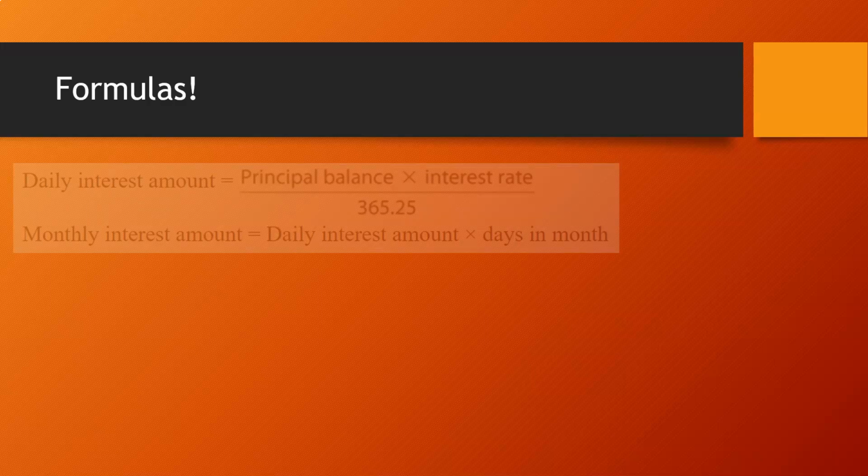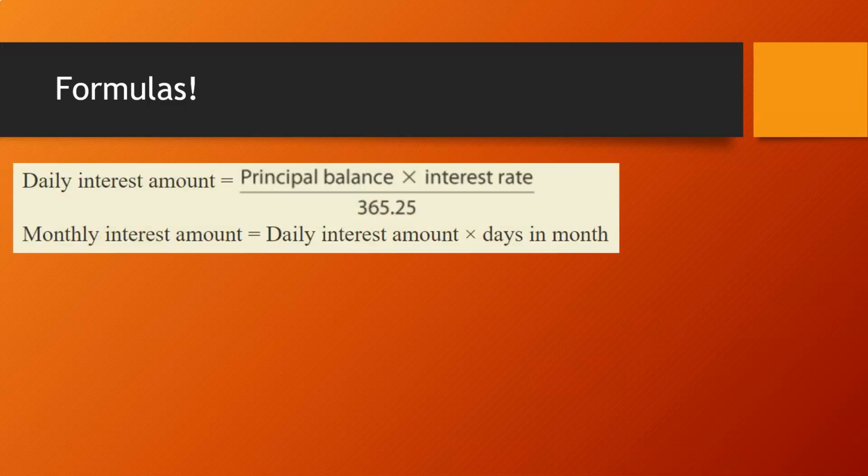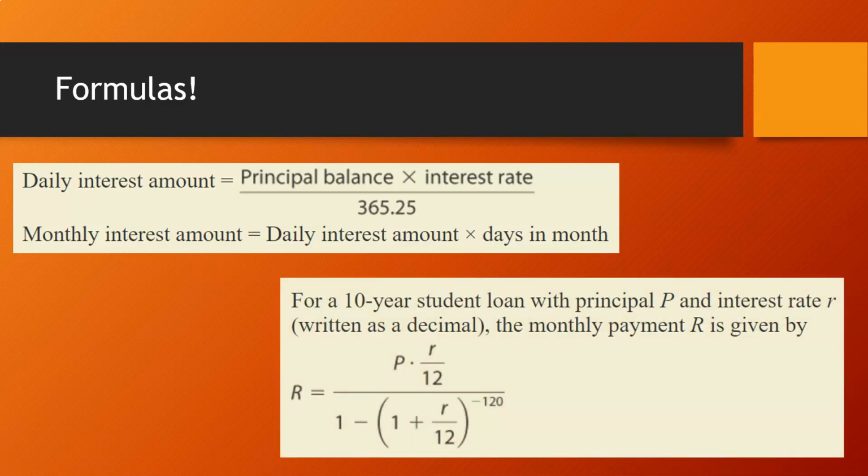Now there are some formulas that we'll need in order to figure out some of the things with student loans. We'll need to know how to find the amount of daily and monthly interest that's accruing on the loan. And we'll also need a formula that will tell us what the monthly payment on the loan is.